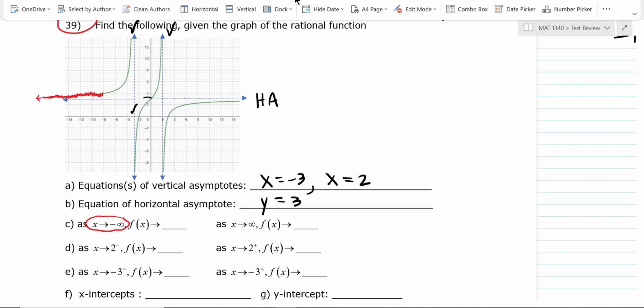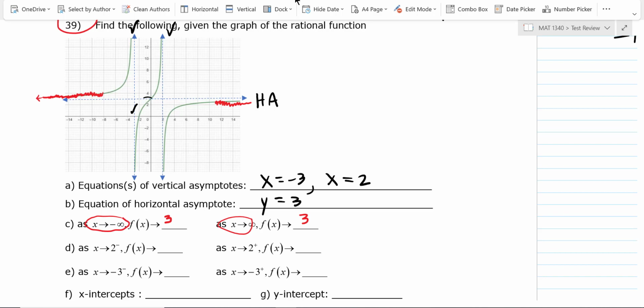Not 0. 3, there you go. That's what a horizontal asymptote does. It tells you if you go to infinity, the graph levels off there, okay? Now the next one, we're going to positive infinity. So let's look at the graph going forever to the right. If you go forever to the right, what does the y value get close to? 3 again, right? Okay, so that's what that is going to do there.